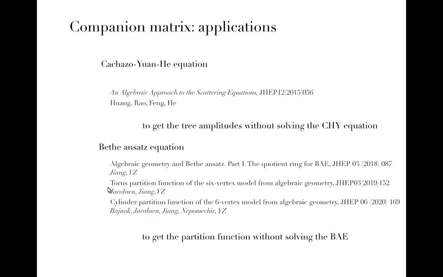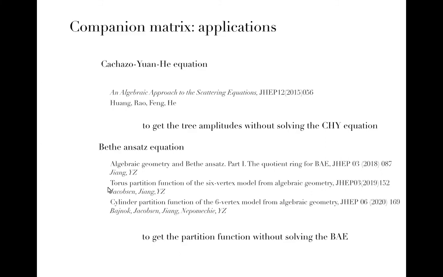Still, as long as you can calculate the Groebner basis and get the companion matrix, then you have everything. You can get the partition function, which is also a symmetric function of the Bethe roots. So that's a way to get analytical results from very high degree, complicated multivariate polynomial equation systems.